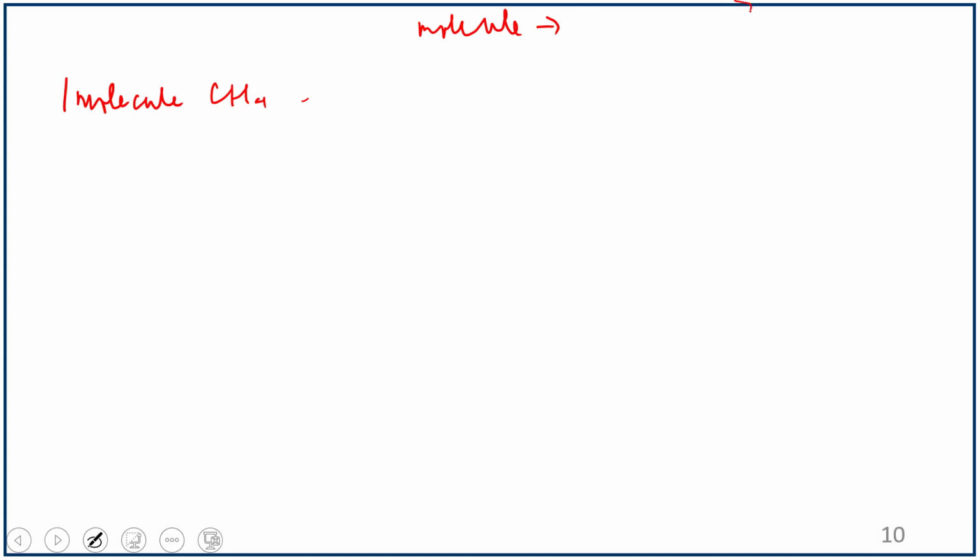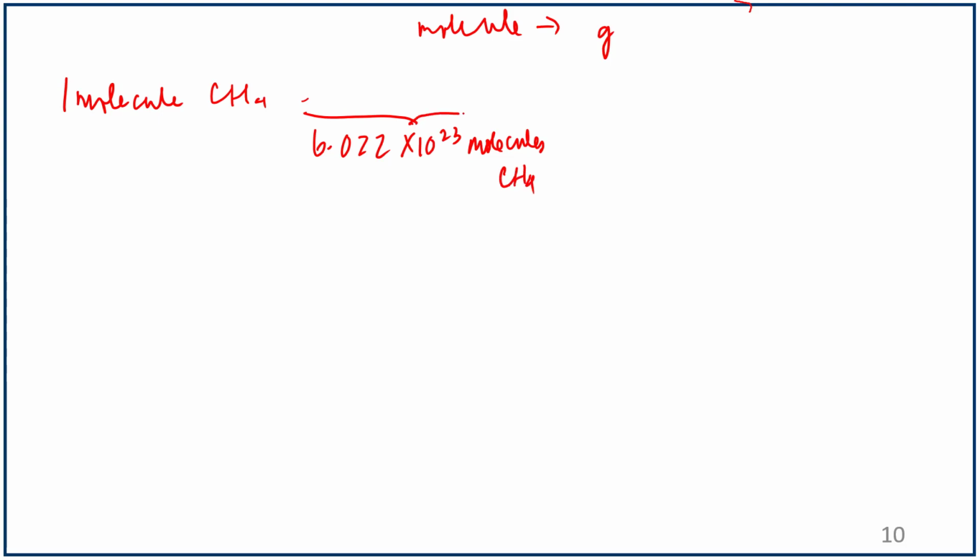Now, to do this, we need a molecule to gram conversion. There's no direct conversion from molecules to grams, but there's a conversion from molecules to moles, such that for every 6.022 times 10 to the 23 molecules of CH4, you know that there is a mole of CH4.